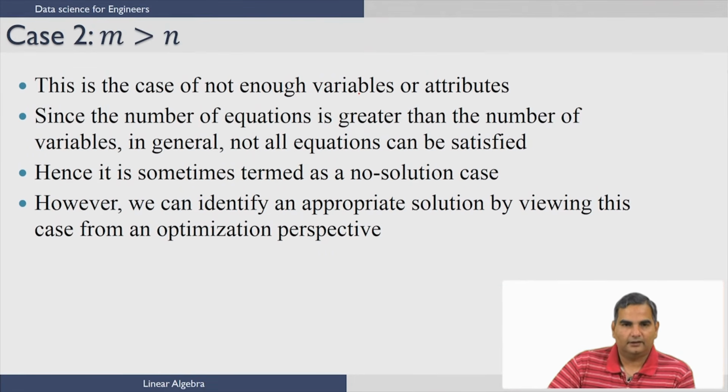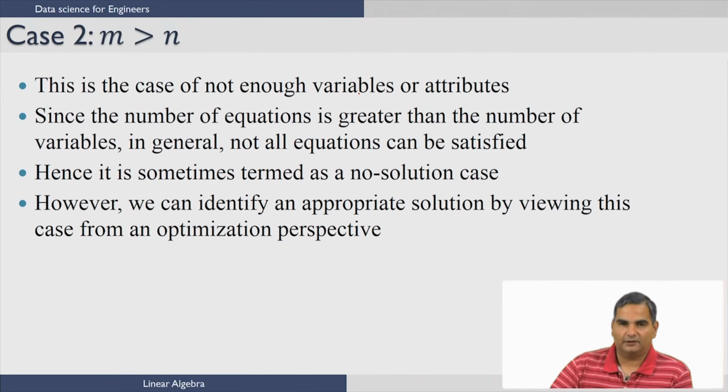Now, let us take the second case where m is greater than n. Since m is greater than n, this basically means that I have more equations than variables. So, this is a case of not enough variables or attributes to solve all the equations. Since the number of equations is greater than the number of variables, in general we will not be able to satisfy all the equations.